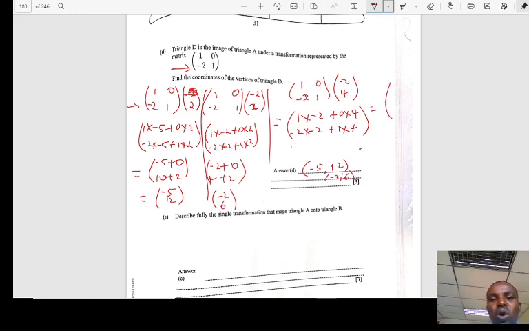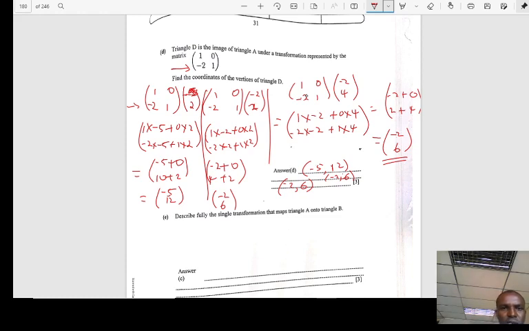That is minus 2 plus 0, then 4 plus 4 minus 2 times minus 2 is 4, so we get minus 2, 6. Then we are done. These are the image coordinates.